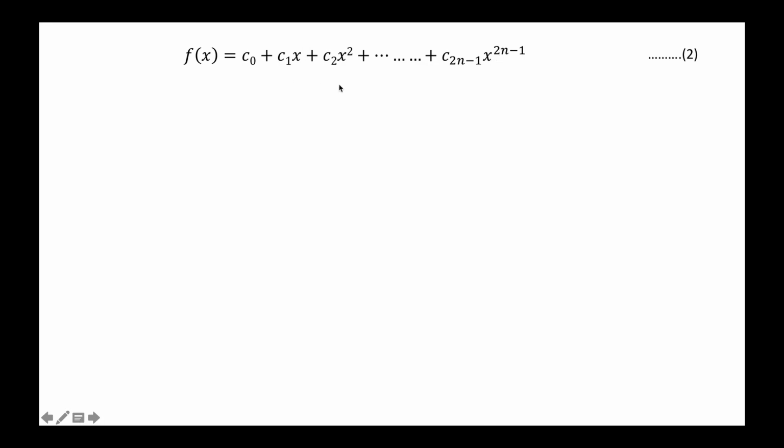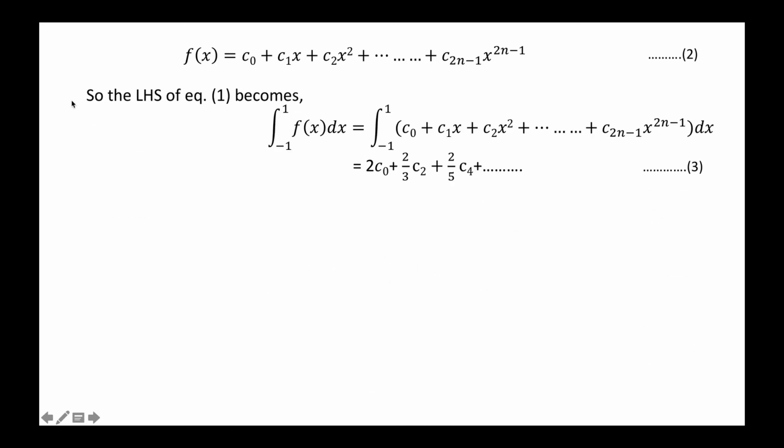This is equation 2. For the left hand side of equation 1, which was the integral from -1 to 1 of f(x) dx, simply substitute the value of f(x) from equation number 2 and carry out the integration with respect to x. On substituting the limits, we get 2c0 plus 2/3 c2 plus 2/5 c4, and so on. Odd terms c1 and c3 cancel out. This is our equation number 3.